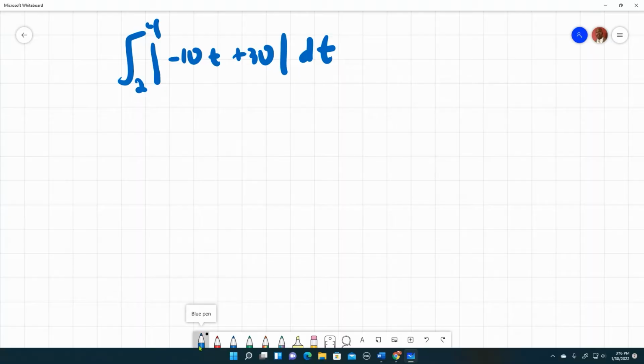But we can do it just thinking about the graph. So let's think about the graph of negative 10t plus 30. It's a linear function. So let's make some Cartesian plane here. In this case, each of these graph lines is not going to represent one, so just keep that in mind.